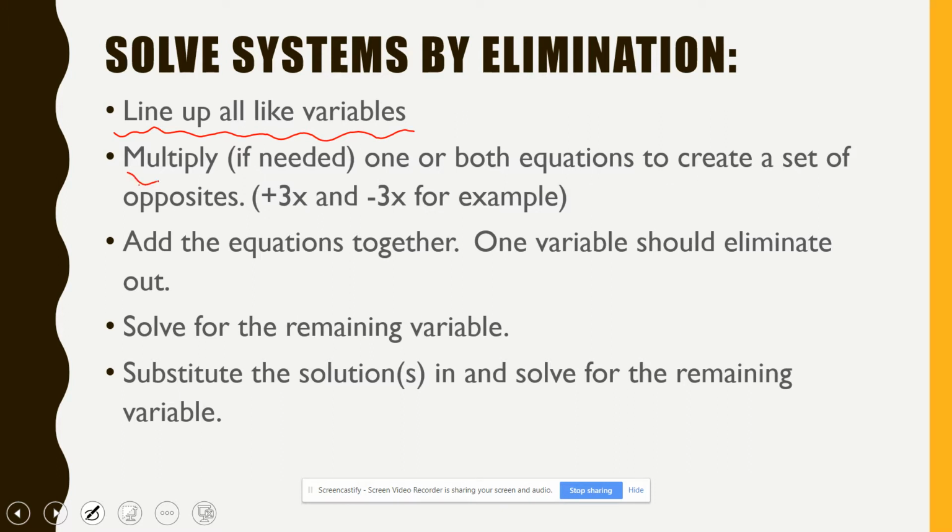You can multiply one or both equations, if you need to, to create a set of opposites that will add to zero. Once we've done that, we add the equations together. One variable should eliminate out. Solve for the remaining variable. Substitute in the solutions to solve for whichever other part you need.